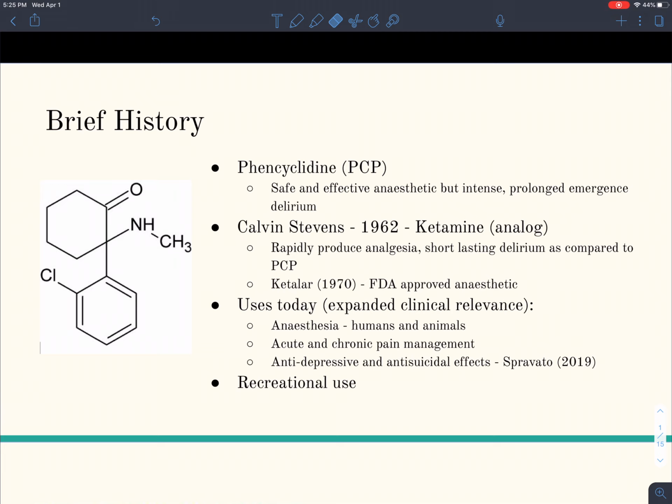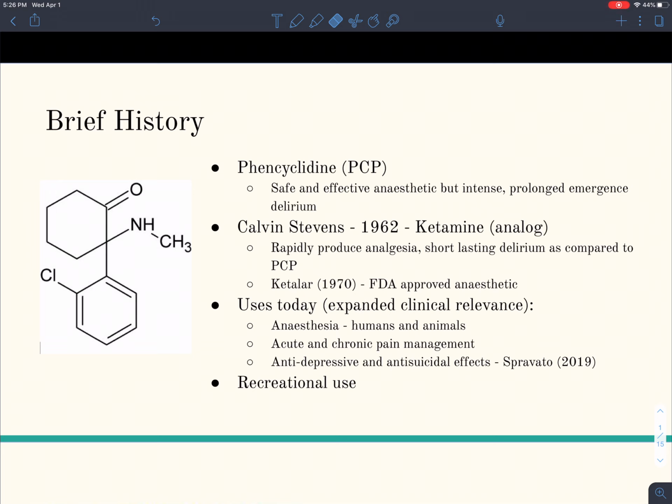And most importantly, it had a very short-lasting delirium upon coming out of the sedation, as compared to PCP. So in 1970, Ketalar, which is an S and R chiral mixture of the two enantiomers of ketamine, was approved as an anesthetic.